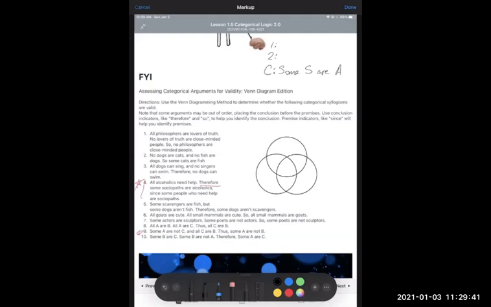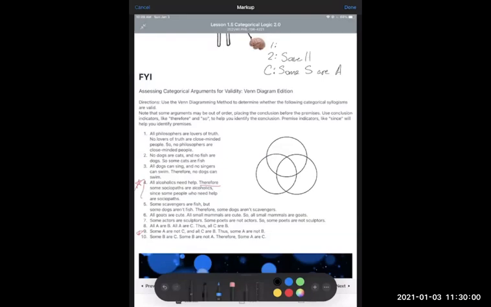Okay, the subject term of the conclusion must be found in the second premise. So let's go ahead and do that now. Where is S? Some people who need help are sociopaths. That's the second premise.